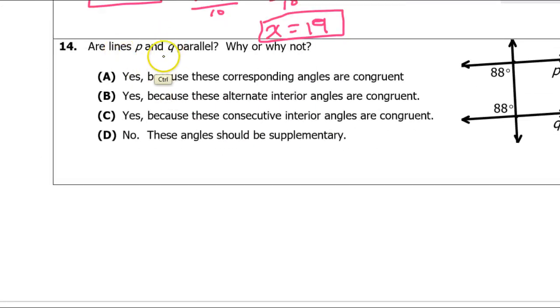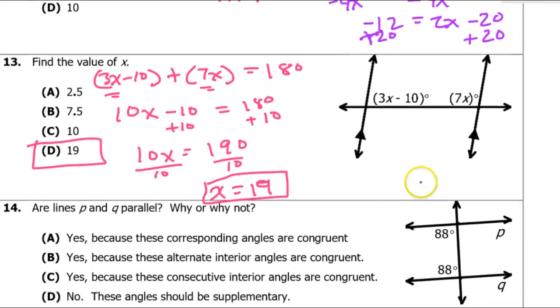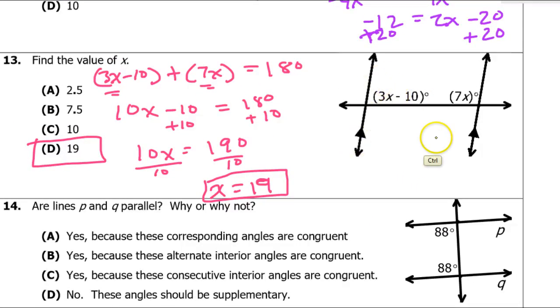Okay, are the lines P and Q parallel? P and Q are not parallel. Like we saw on problem number 13. When the lines are parallel, then consecutive interior angles such as these must be supplementary. These had to add up to 180.